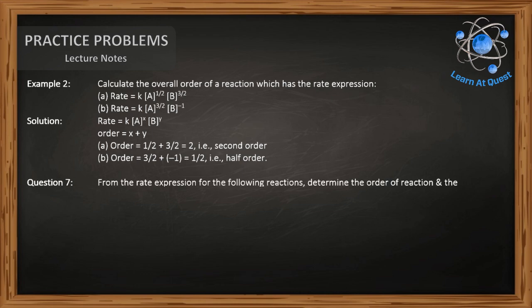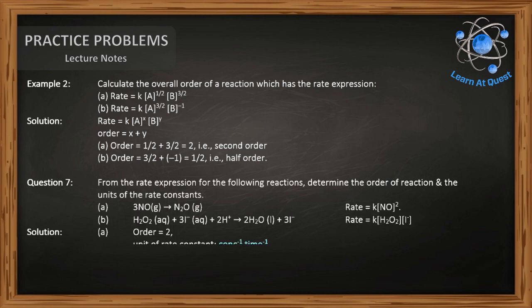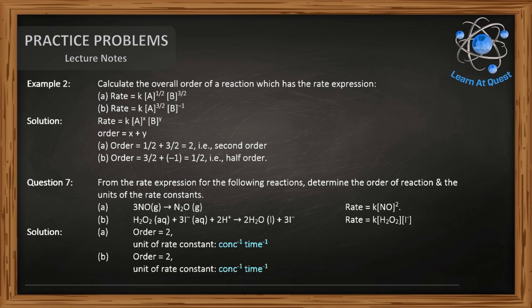Let us solve another question from the lecture notes. Question number 7. The question is, from the rate expression for the following reactions, determine the order of reaction and the units of the rate constants. Subpart A, 3NO in gaseous state forms N2O in gaseous state.